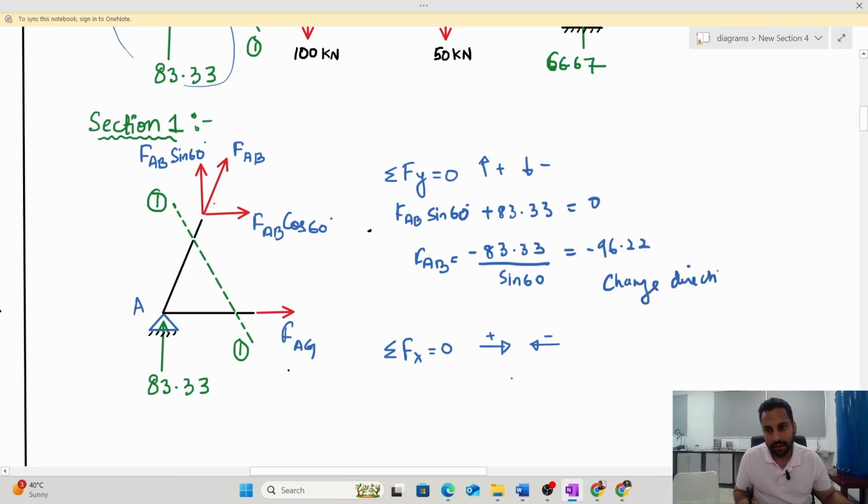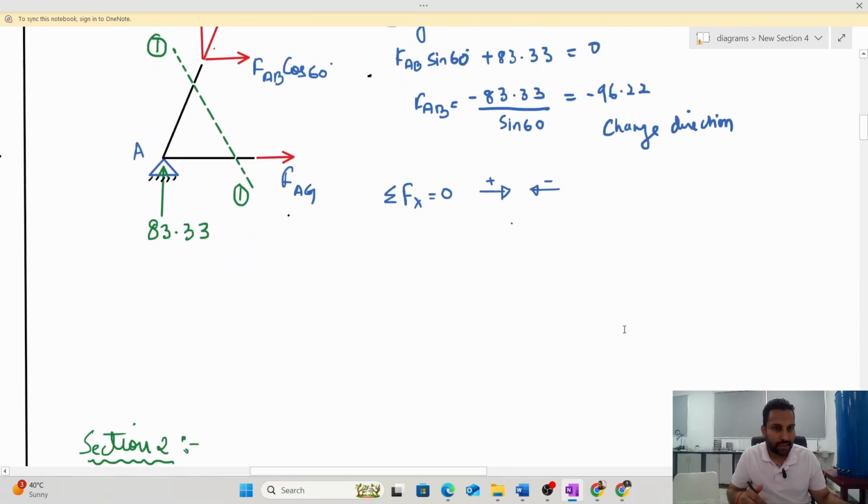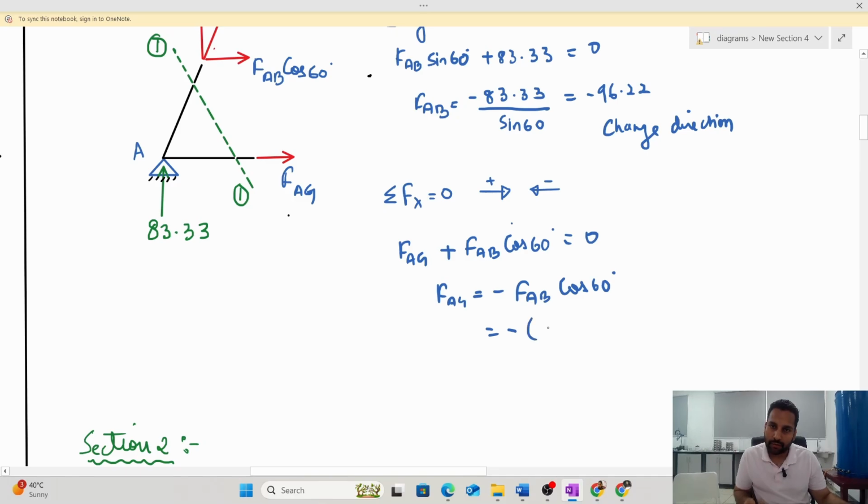After that, summation of forces in x direction equals to 0. So what all do I have? I have FAG in the x direction plus FAB cos 60 is equal to 0. So my FAG is equal to negative FAB cos 60, which is equal to negative, what was our FAB?